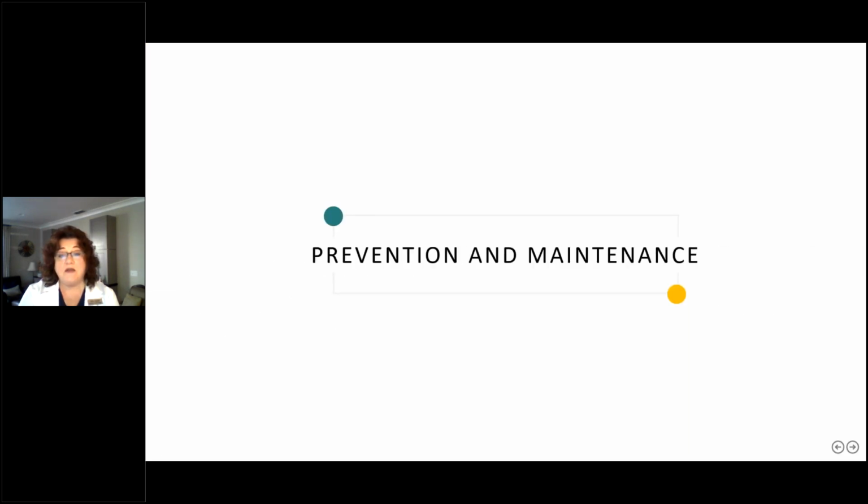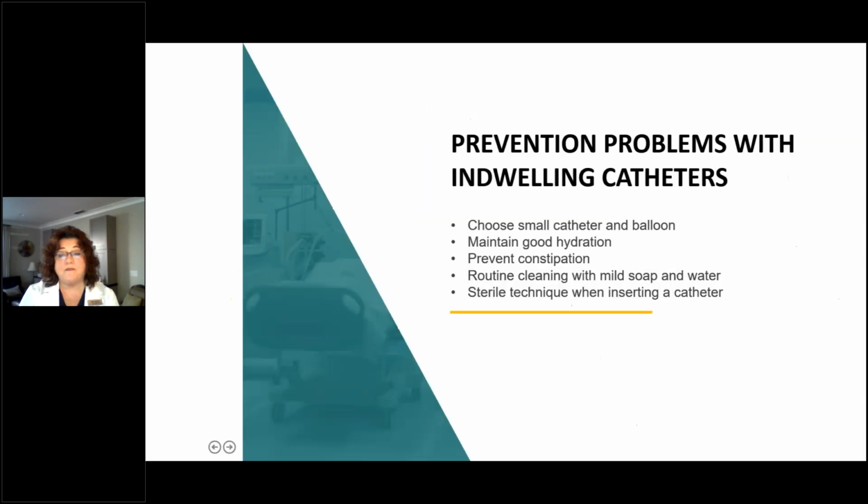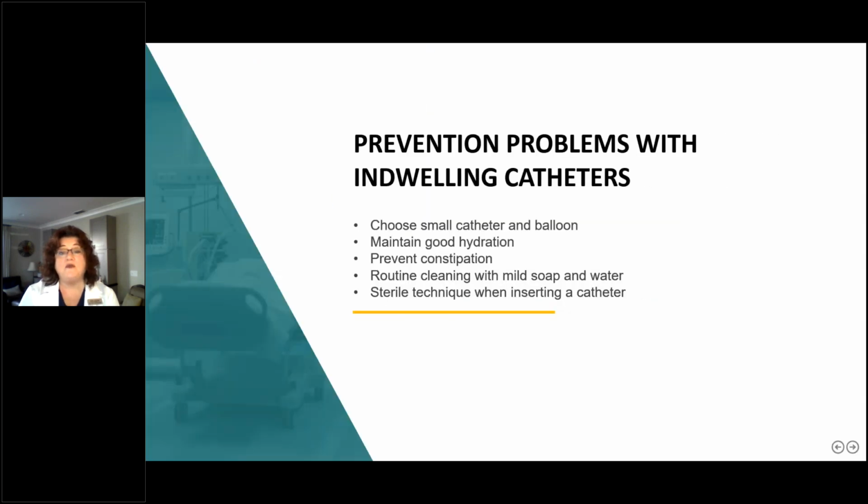Okay, prevention and maintenance. Preventing problems with indwelling catheters, again, choosing a small catheter and a small balloon, or filling it to the correct amount, maintaining good hydration, preventing constipation, routine cleaning with mild soap and water, and sterile technique when inserting the catheter.